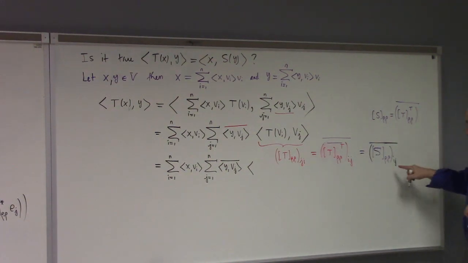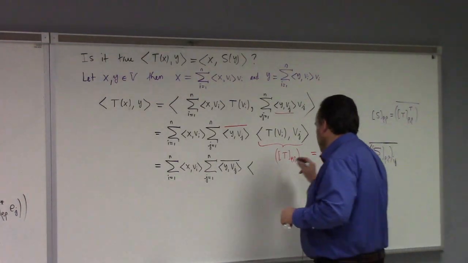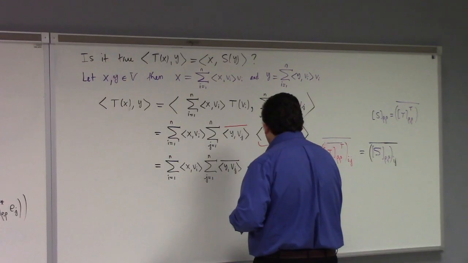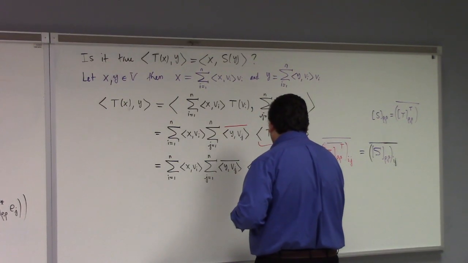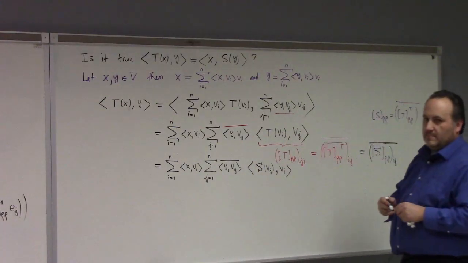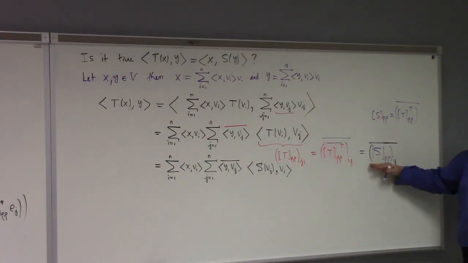So the point is that this is then S of Vj, inner product with Vi, right? Because that's how we calculate the ijth component with respect to the orthonormal basis for an operator.